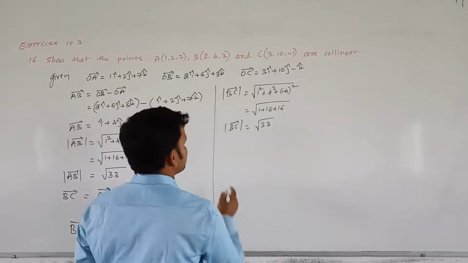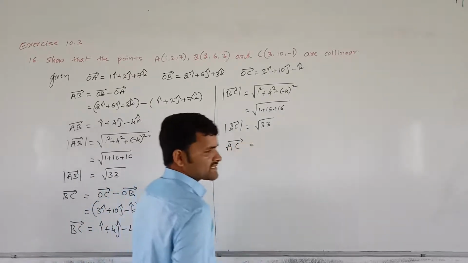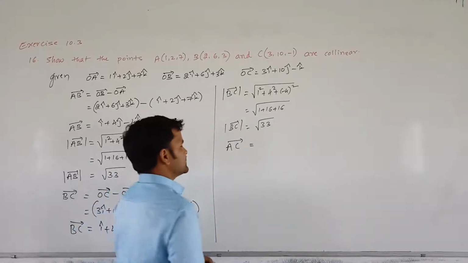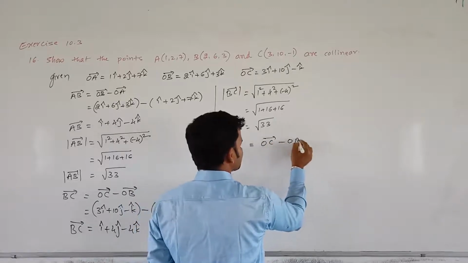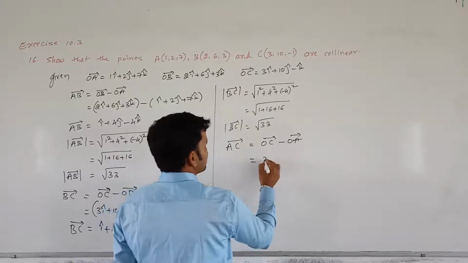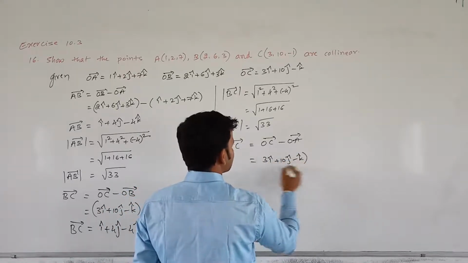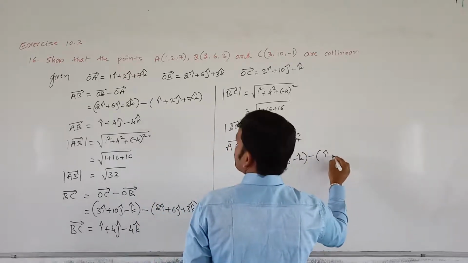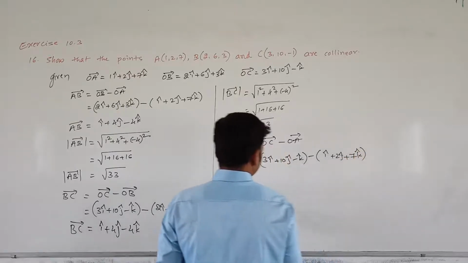Next, let us find out the third one, that is AC. You can take AC or CA, no problem. Anyhow, you want the length here. AC is a vector joining 2 points A and C. It will be OC minus OA. OC is 3i plus 10j minus k, minus OA, which is 1i plus 2j plus 7k.